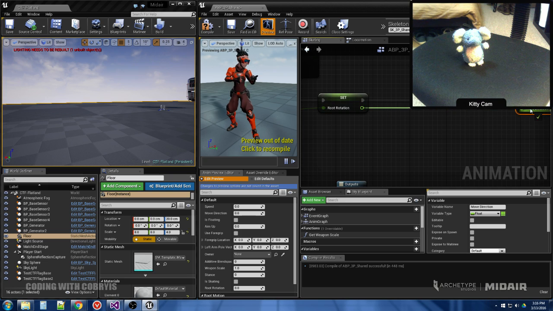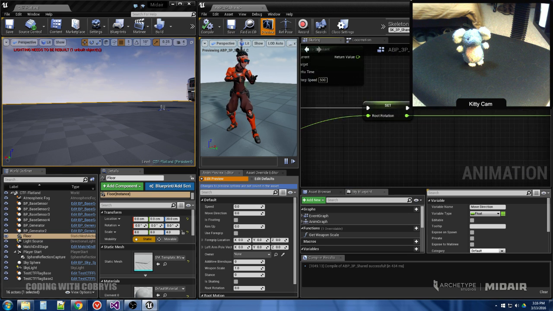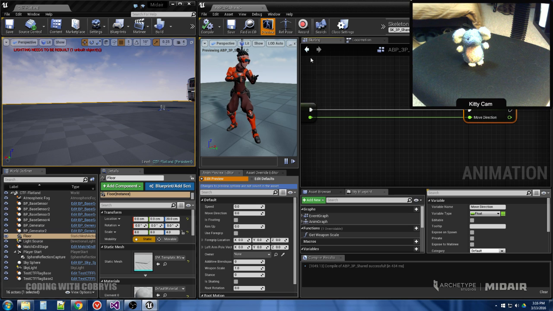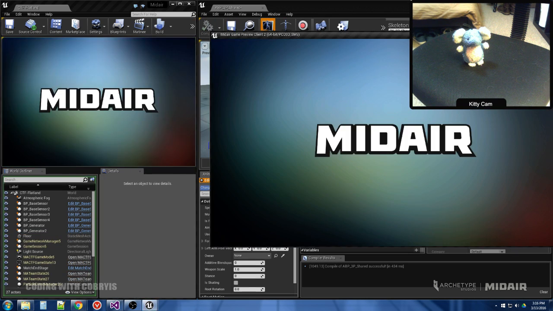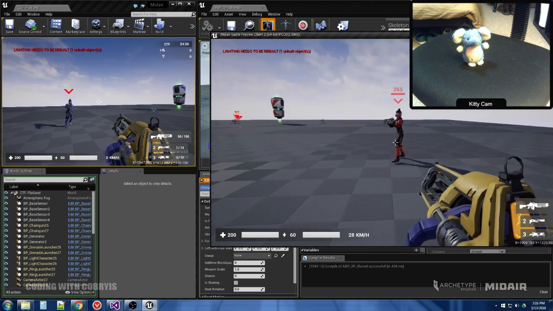We don't want to just pass in this exactly, or else I'll show you what that looks like. If we pass in the angle we're facing and use that as move direction, it'll work. It just will not do what I want it to do, which is to not rotate the player until they're facing all the way in a certain direction, or most of the way in a certain direction.